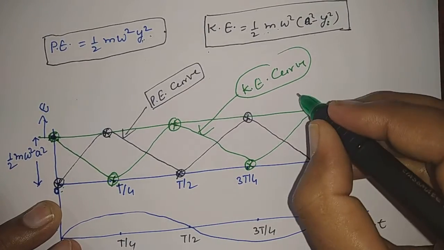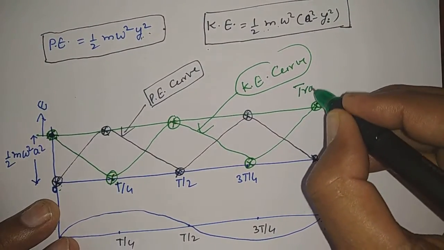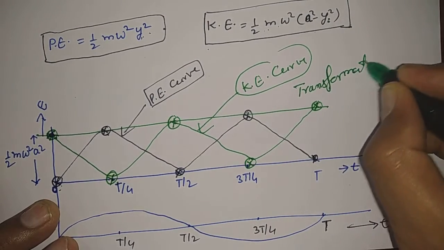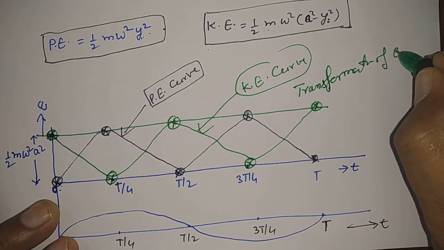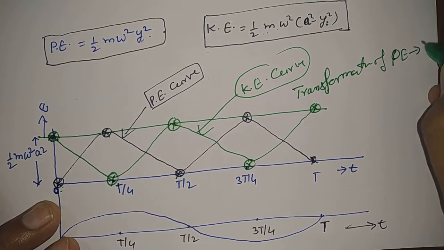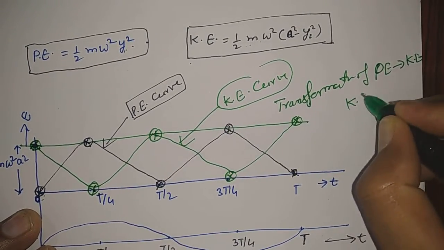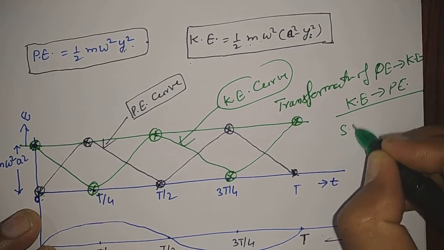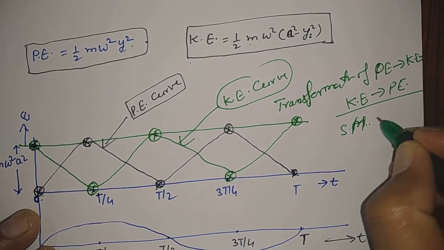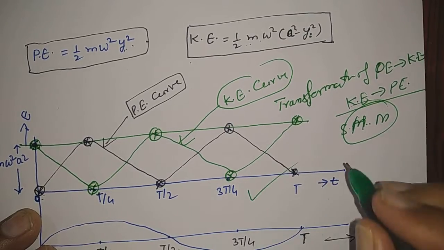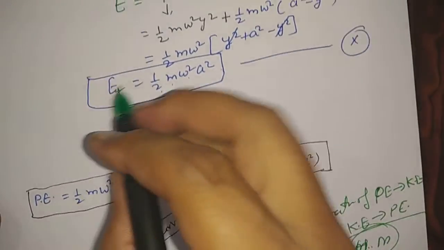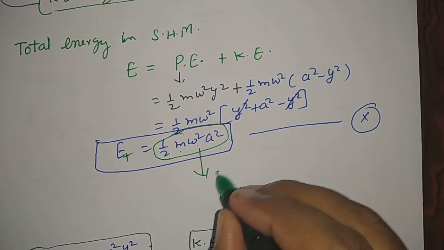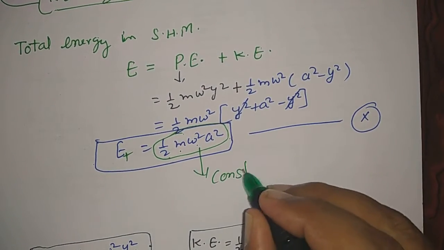So here is the transformation of potential energy into kinetic energy and kinetic energy into potential energy during simple harmonic motion. But at any point, the sum of both energies, that is half m omega square a square, remains constant.